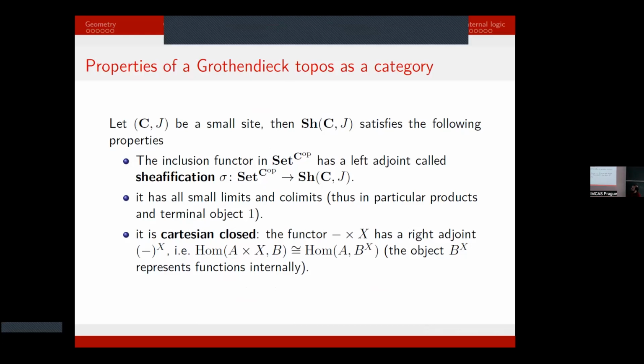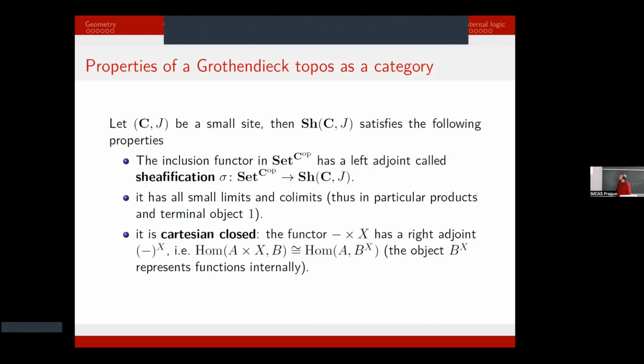But it turns out that this inclusion has a left adjoint. So this is what's called a reflexive inclusion. There is a canonical way, left adjoint to the inclusion, to transform a presheaf into a sheaf, and this is called sheafification. This is a technique to produce sheaves from nothing.